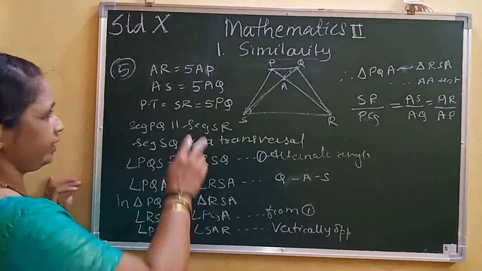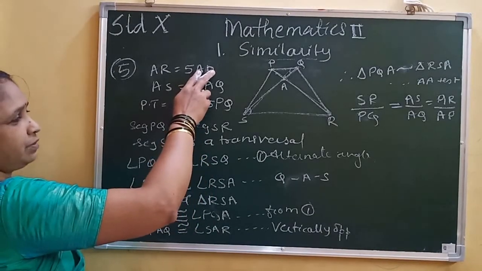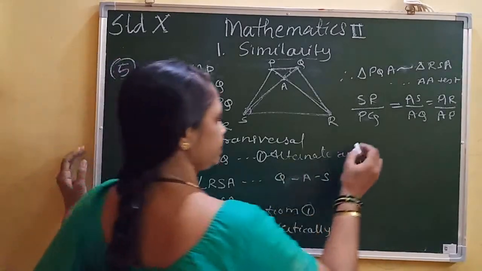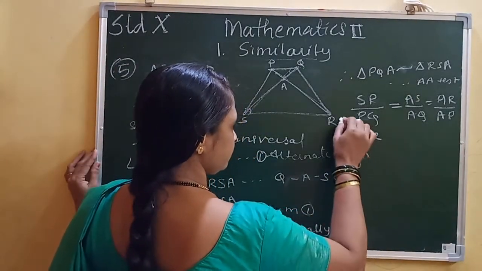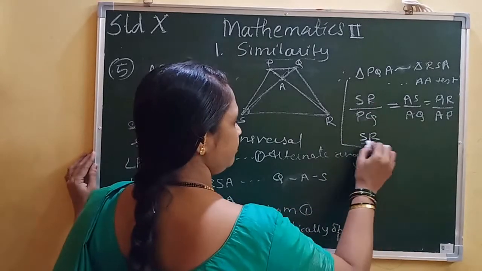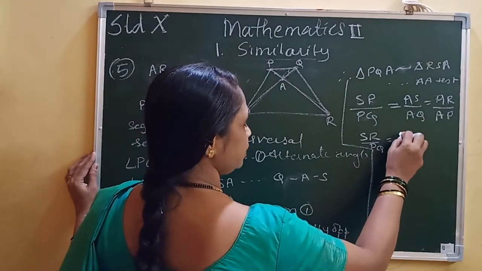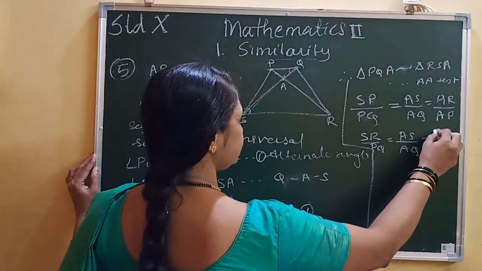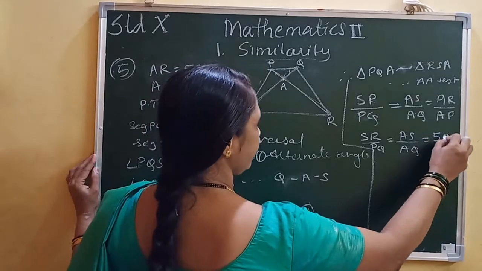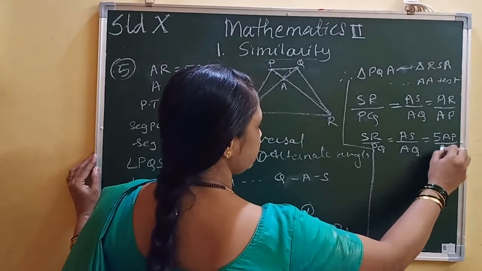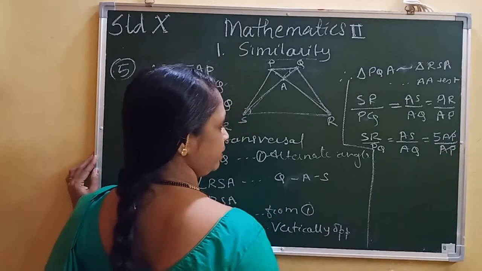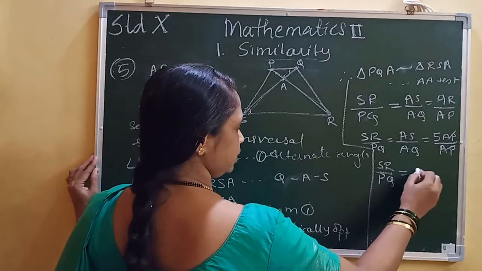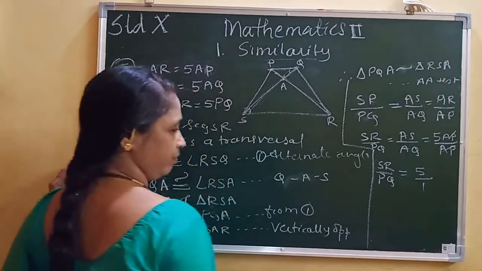So you can write AP if you want to write, then AR by 5. So here we will write SR upon PQ is equal to AS upon AQ is equal to AR is 5 AP upon AP, means this AP will get cancelled. So SR upon PQ is equal to 5 upon 1.